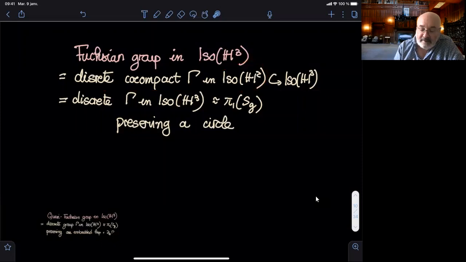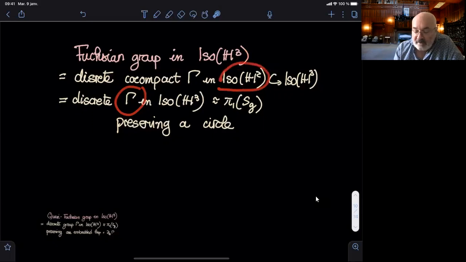So this space could also be described as the set of those discrete groups gamma in the isometry group of H3 which are isomorphic to the fundamental group of a surface of genus g, and which preserve the circle. The experts have noticed that what I'm saying is totally wrong because I have to talk about torsion and everything, but let's forget about that. So you have this natural class of surface groups in the isometry group of H3, which come from surface groups in the isometry group of H2.